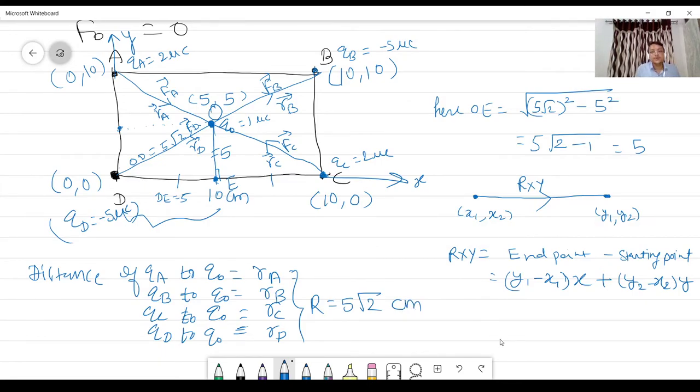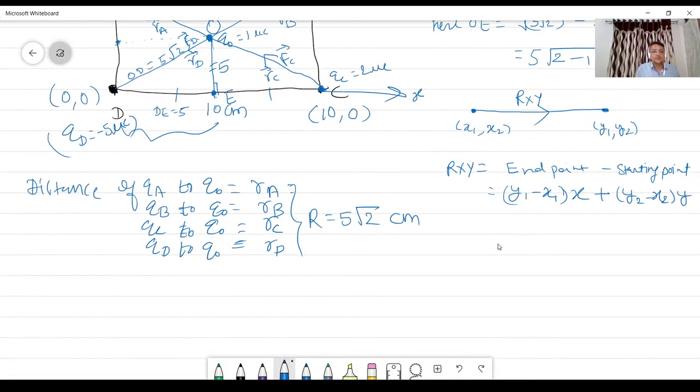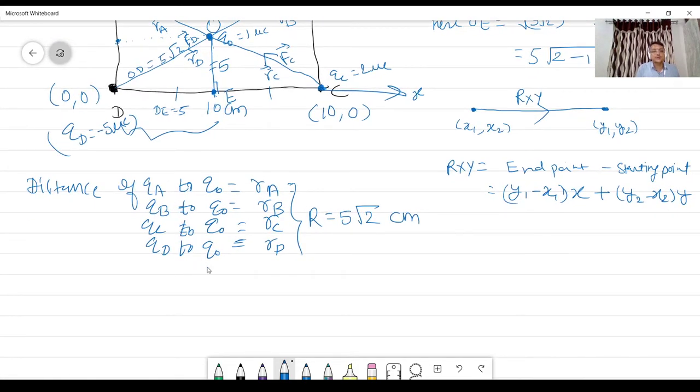But still I don't have the expressions of vectors, and vector expressions are very important.